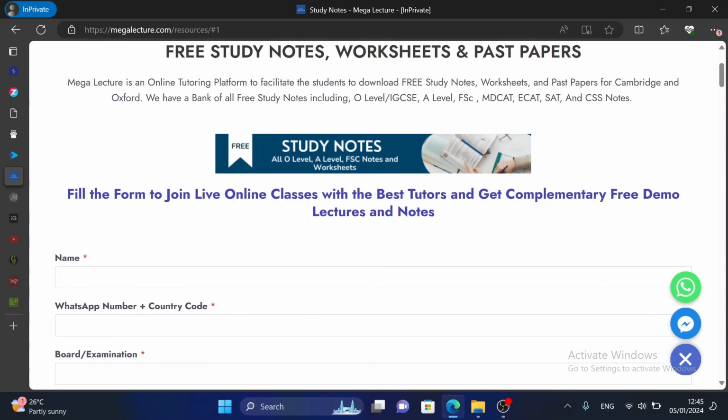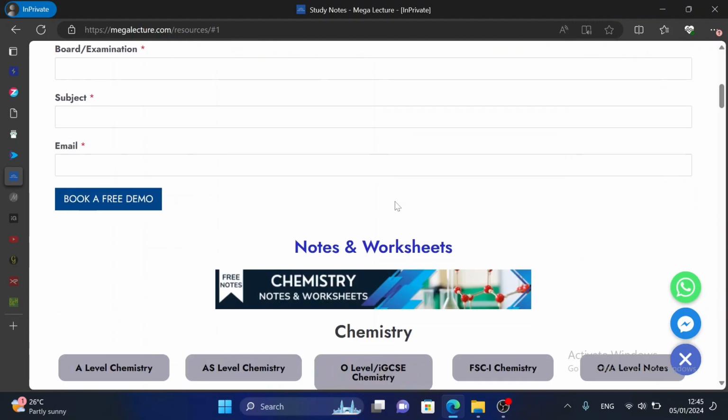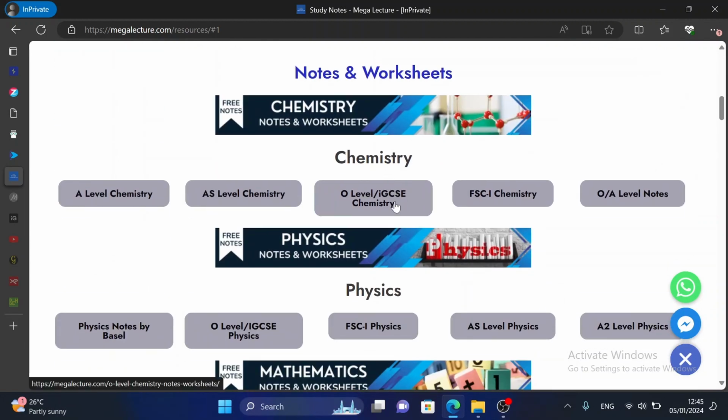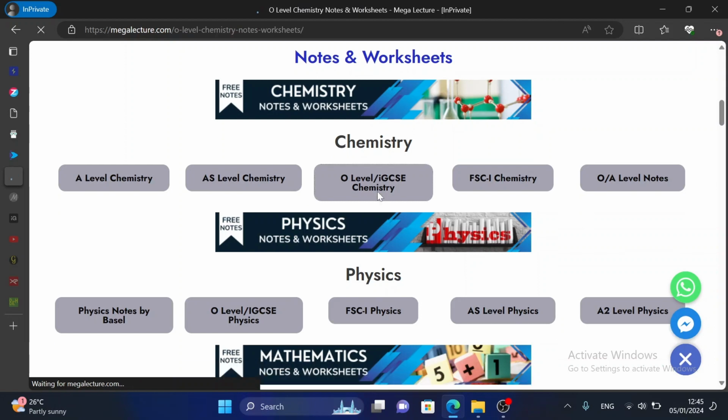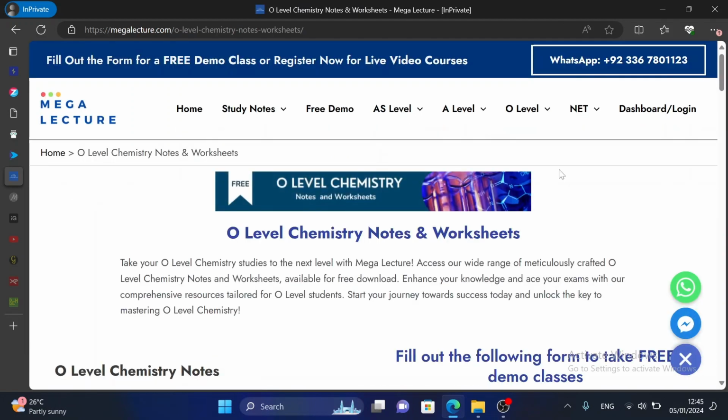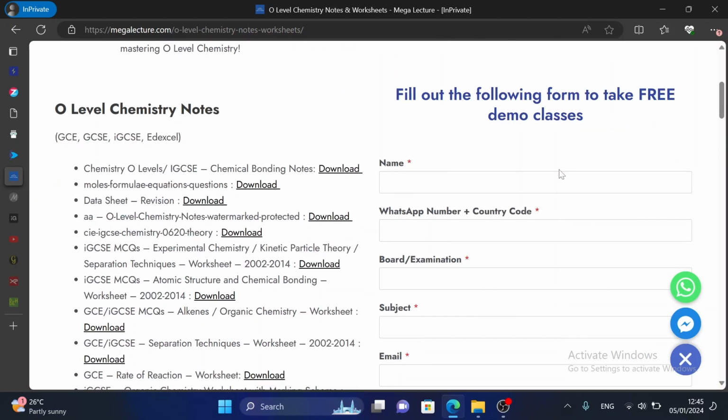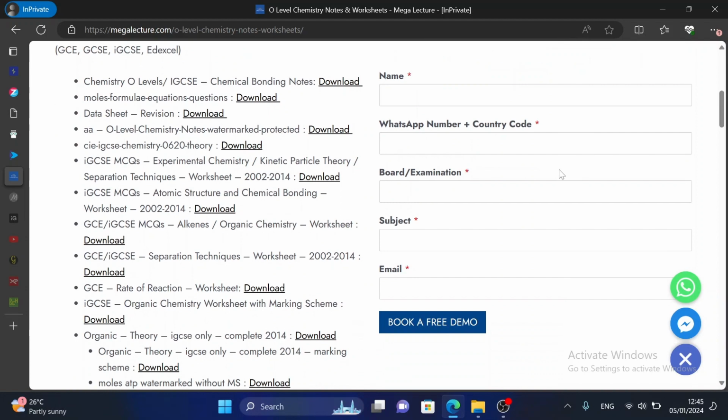So they got chemistry. Let's get the O-level IGCSE chemistry. They also got physics, a bunch of other stuff. So they got the notes. Yeah, there's a data sheet. You can see quite a lot here.